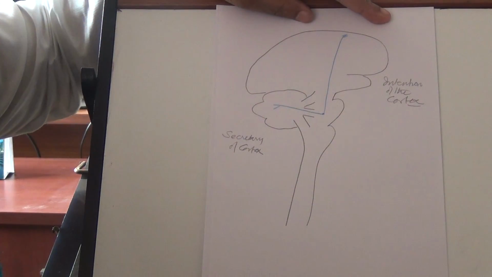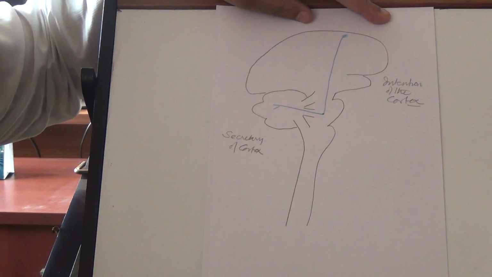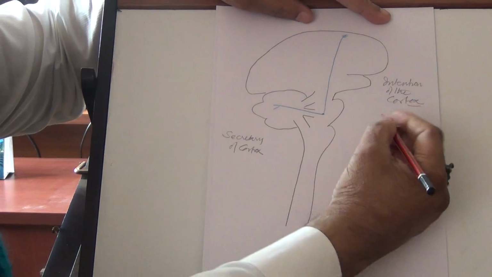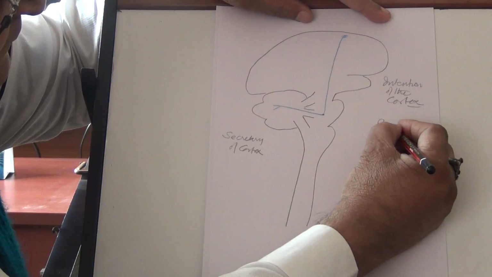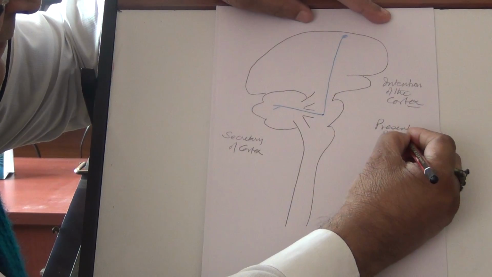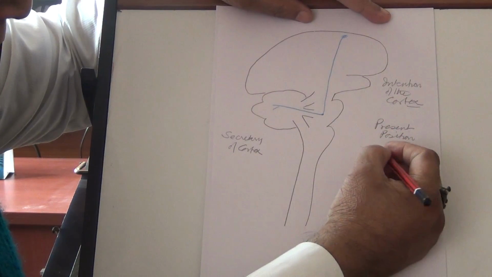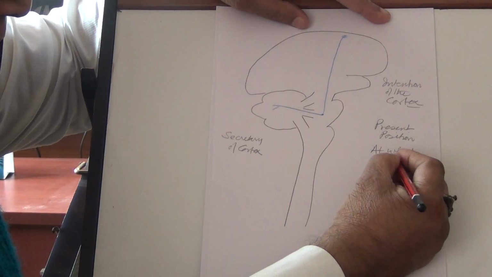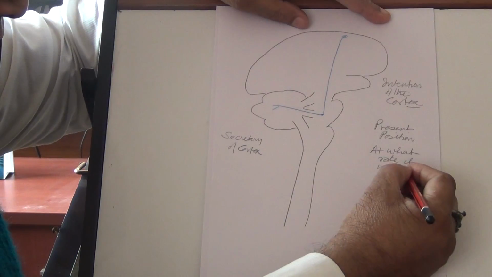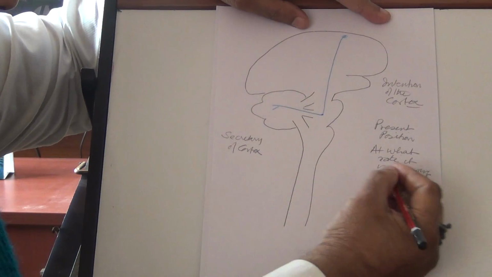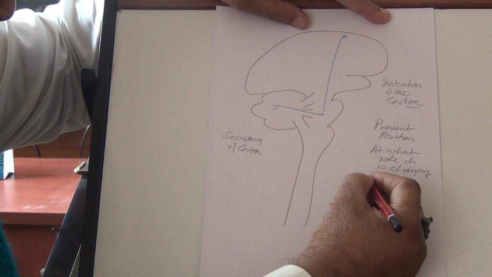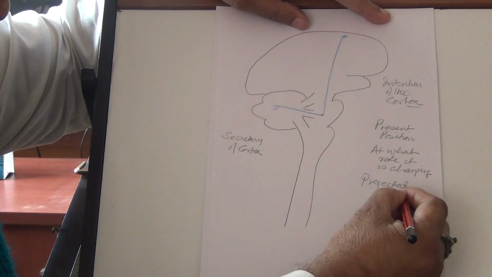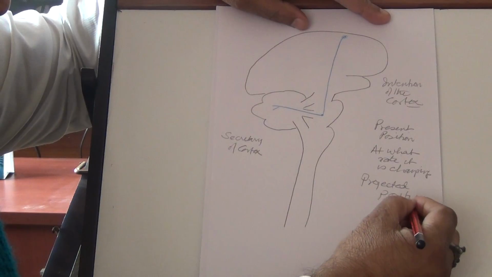Then what happens is that the cerebellum must know what is the present position of the body, and at what rate it is changing, so that it knows what will be the projected position of the body at time t.